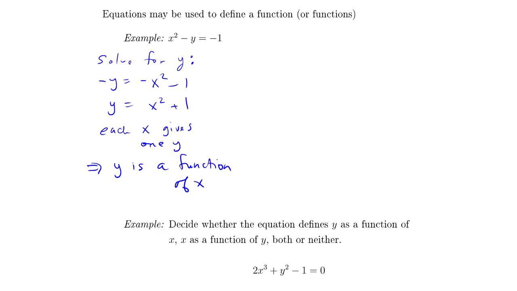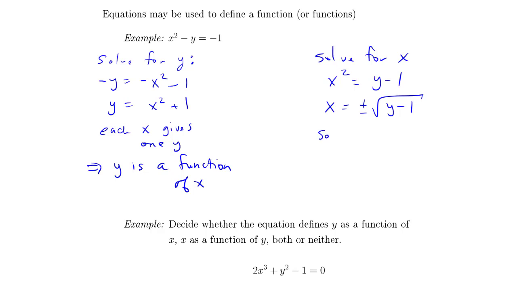But now imagine I looked at it the other way around, and instead I solve for x. Well, that would be x squared equals y minus 1 when I isolate x squared. Now when I square root both sides, I would get x is plus or minus the square root of y minus 1. All right, so now I'm talking about y as the input and x as the output.